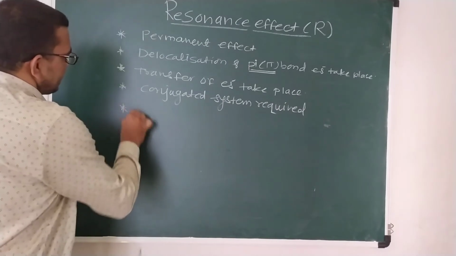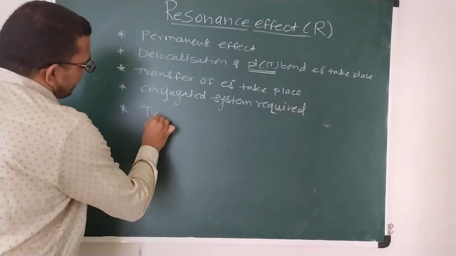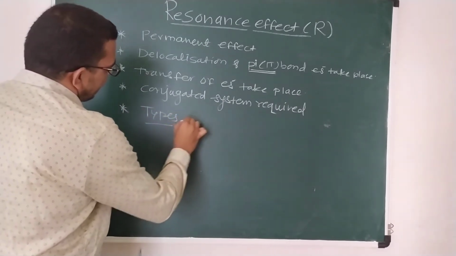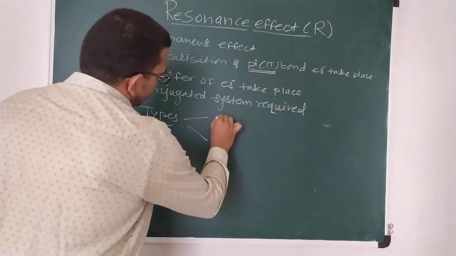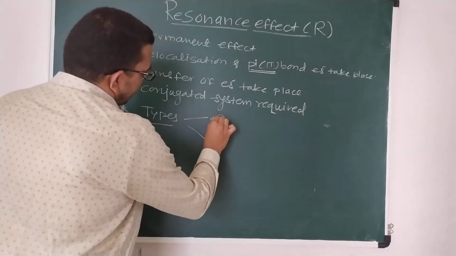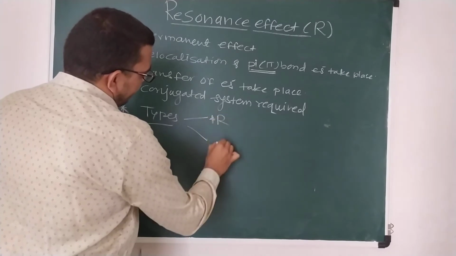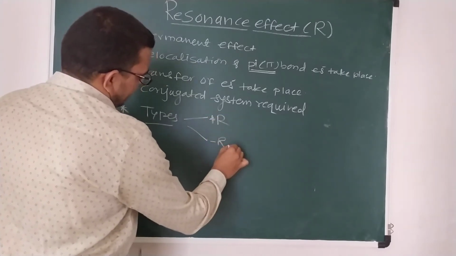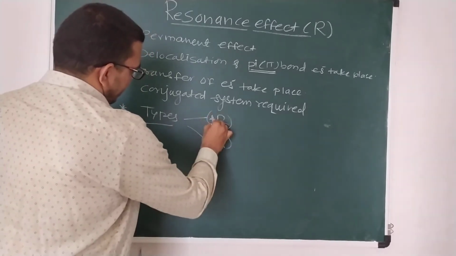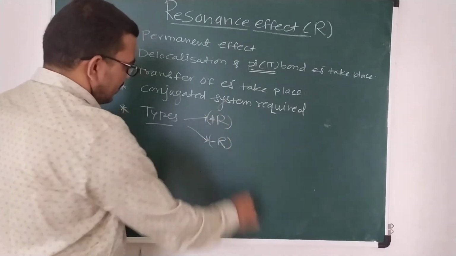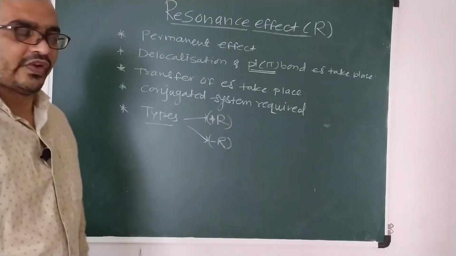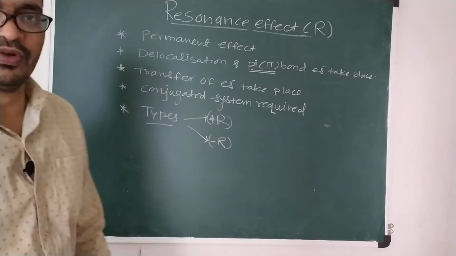After that, there are types of resonance again. There are two types of resonance: plus R resonance and minus R resonance. Keep in mind, like the inductive effect, resonance also has two important types.